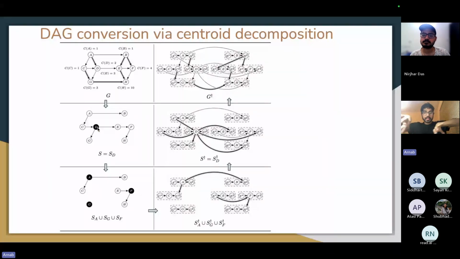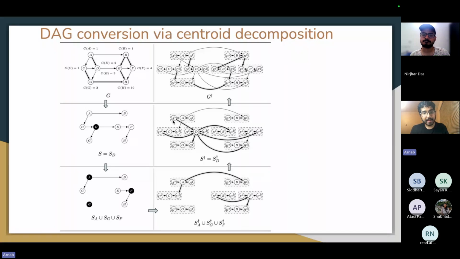So if you do this kind of centroid-based decomposition and you want to go from one part of the tree to the other, instead of directly going to that other part, you go first to the centroid and say, hey, I want to go to that part, so I'm first reaching out to you, and then you reach out to this guy, and from here you go to this guy.